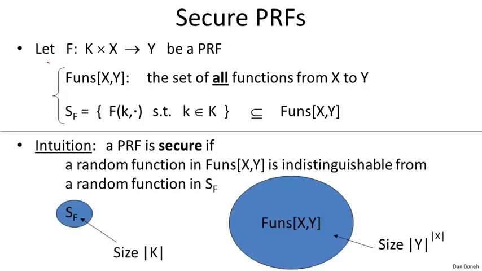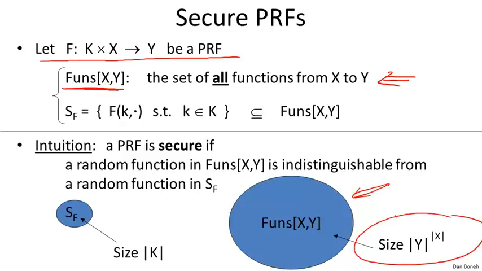Here we have a PRF, and I'm going to need a little bit of notation, not too much though, so I'm going to need to define the set Funs[X, Y]. This is basically the set of all functions from the set X to the set Y, denoted here as a big circle, Funs[X, Y]. Now this set is gigantic. Its size is basically the size of Y to the size of X. So for example, for AES, remember both X and Y would be 2 to the 128.